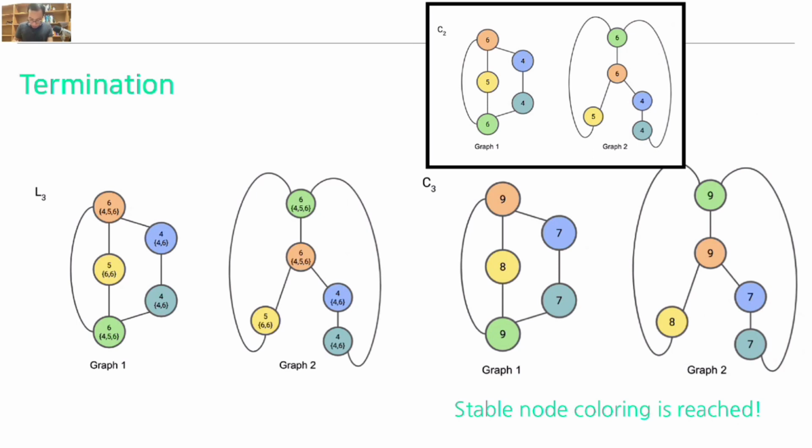So 9, this 9 is connected to 9 and 7. 7 is connected to 9 and 7. And 8 is connected to 9, 9, 9. 7 is connected to 7, 9.